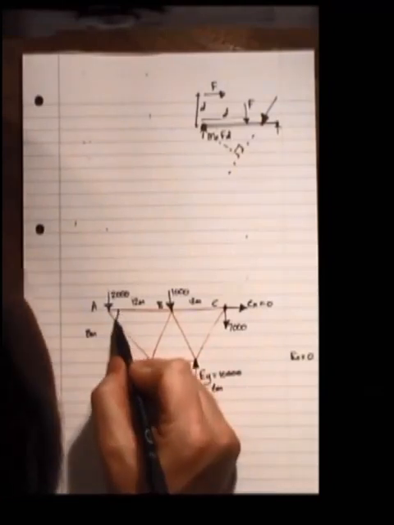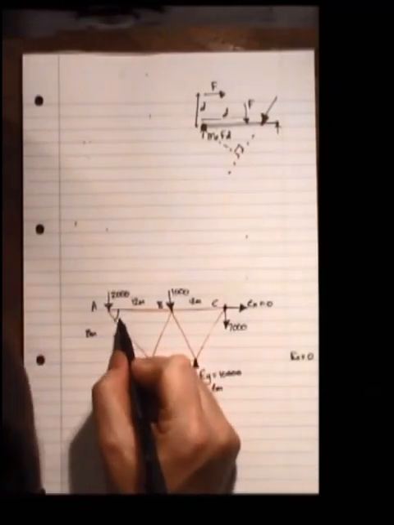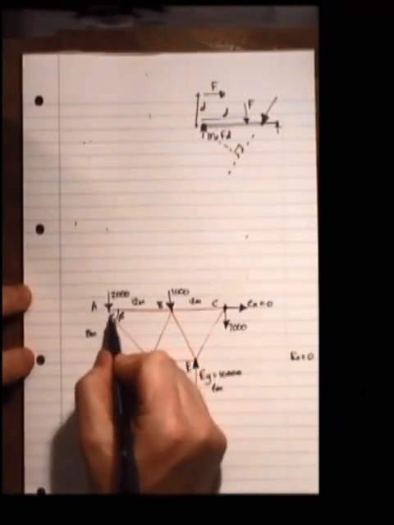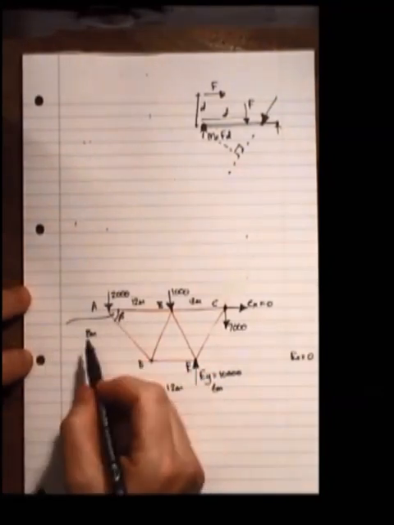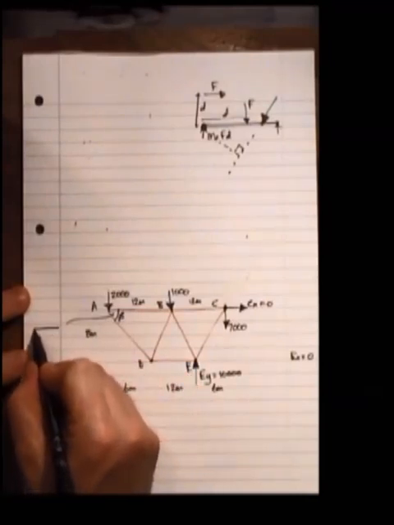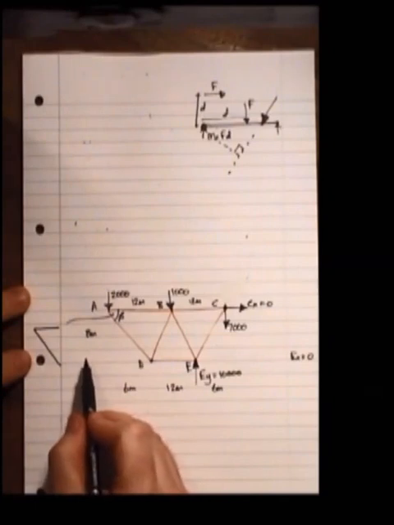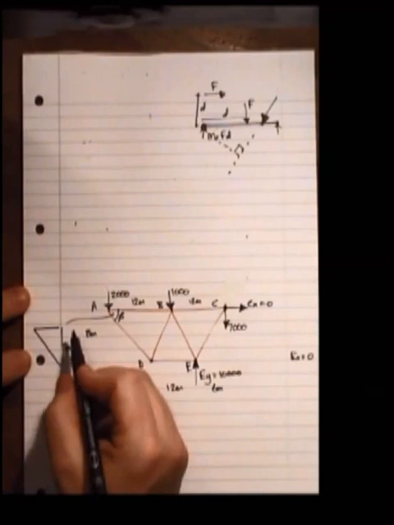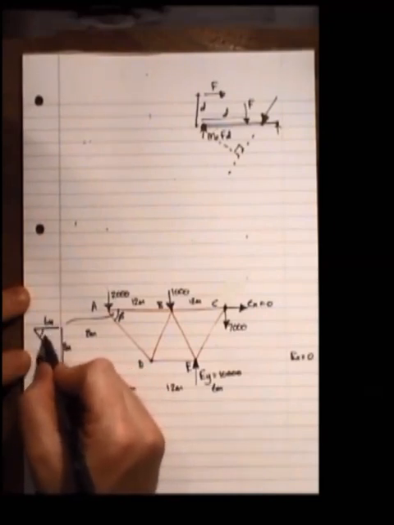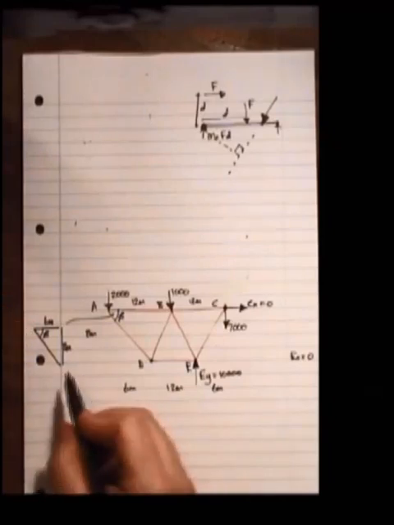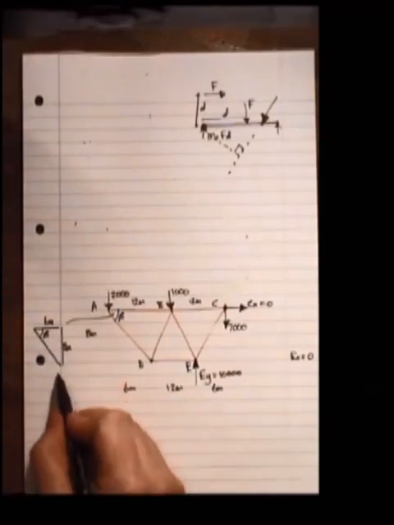So if I try to work out what this angle is here, we'll call that beta. You use your trigonometry to try and work out the angle itself. So we've got this AB, and you've got your AD. That distance down there is 8 meters, and you've got 6 meters there. So you've got your angle beta. And you can use whatever method to try and work out what beta is there.